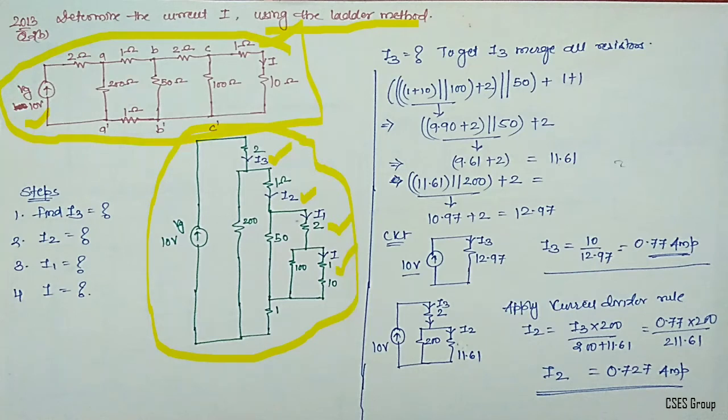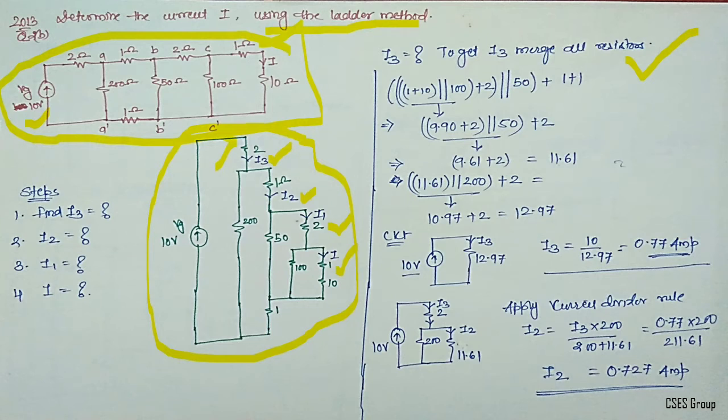So you need to first determine I3, then go for the I2 calculation and so on. I have merged all the resistances such that I can get a final resistance which is in series with this 10-volt battery, and you can find out the overall current flowing in this circuit. That is the I3 current.